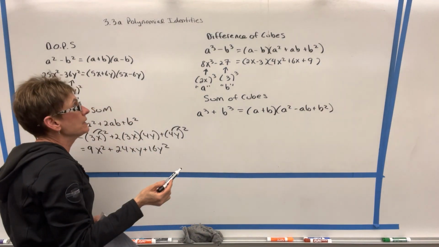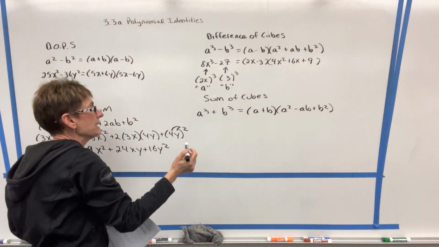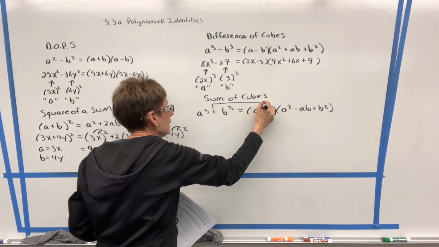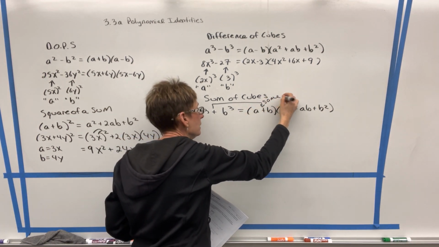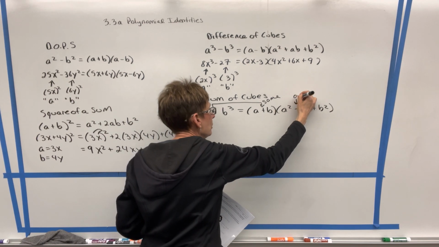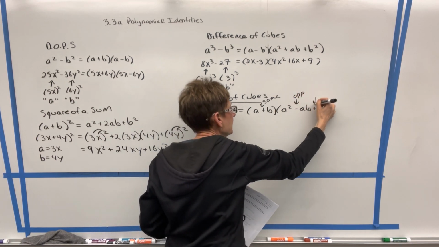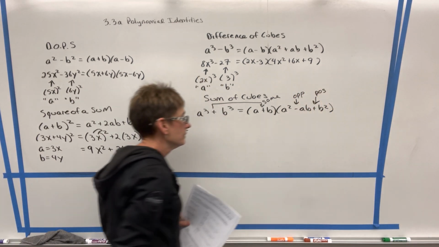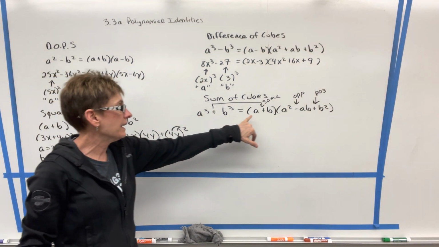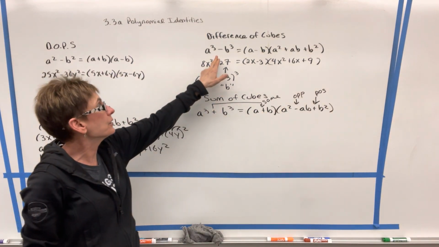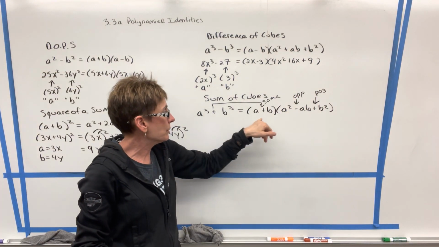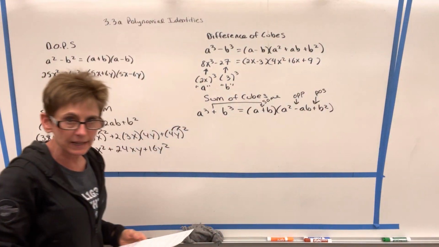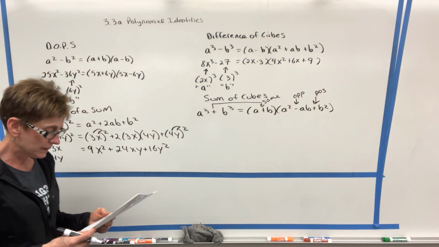I'd like you to notice that both with the difference of cubes and sum of cubes, the first sign here is always the same. The next sign is always the opposite, and this one is always positive. So because there's a plus sign here, I have a plus sign there. If there's a minus sign here, there's a minus sign there. This sign is always the opposite of the first one, and the last one is always positive.